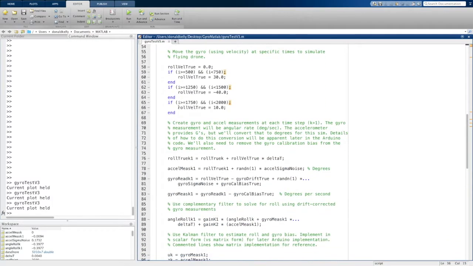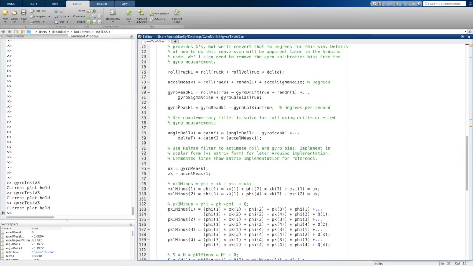We go down to the actual loop now, the simulation, and it turns out it's only one line of code here. This is the code for doing the complementary filter. We've got this first term I mentioned, which is the gyro part of it, and that part consists of the gyro gain, K1 here, which is, remember, 99%, times our previous estimate of roll, plus the gyro measurement.